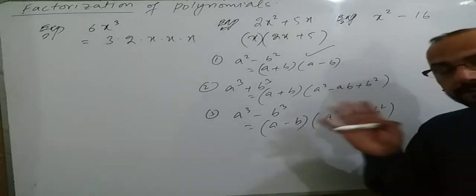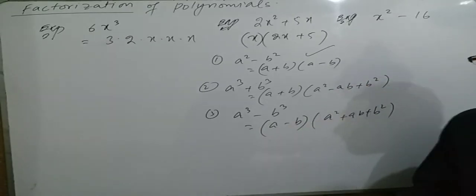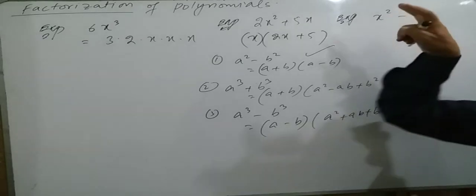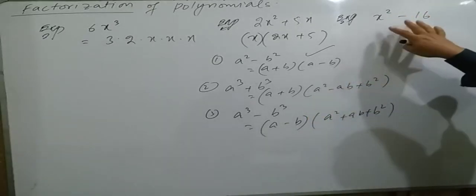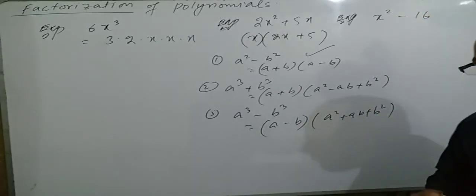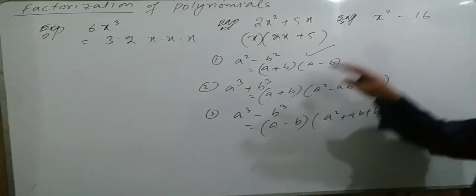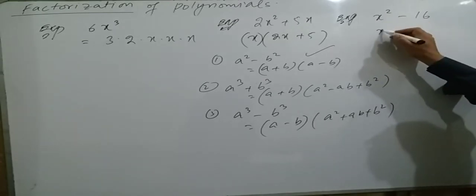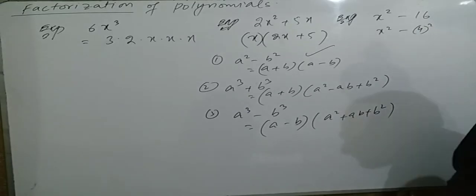These 3 formulas we need to memorize, because with their help you can make the factors of a two-term expression, a binomial, if they have no common elements and if they satisfy the condition. If there is a subtraction between squares, here x^2 - 16, 16 is the square of 4, so we can write 4^2.